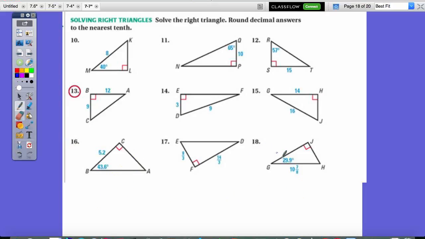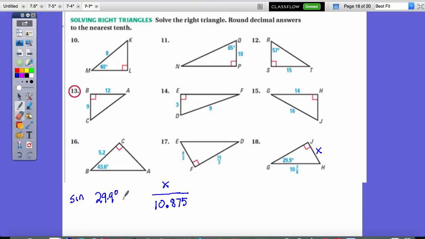And then for 18, which involves fractions, I'm going to deal with a hypotenuse of 10 7/8. Since 7/8 I can make a terminating decimal, I can use that. So the hypotenuse is 10.875. I'm first going to find the side opposite the 29.9 degree angle.